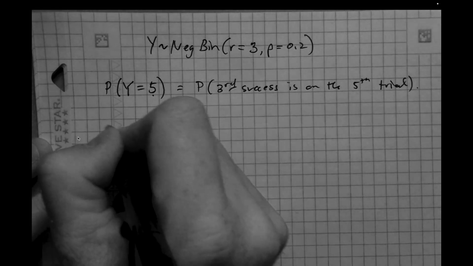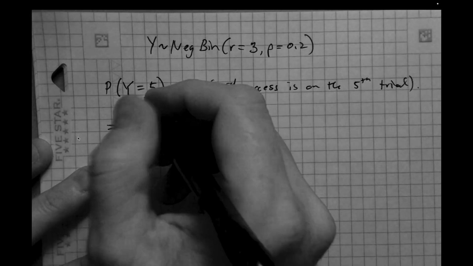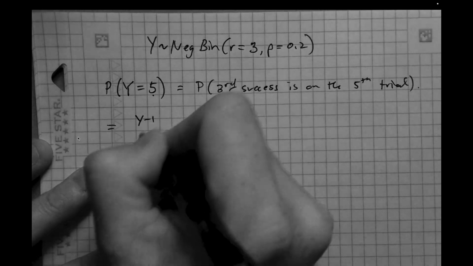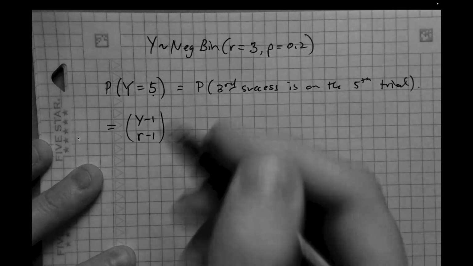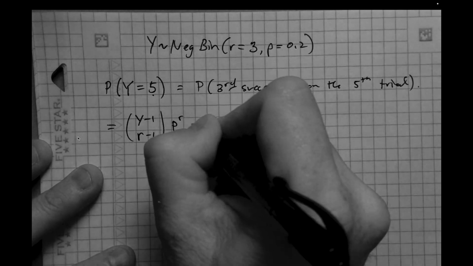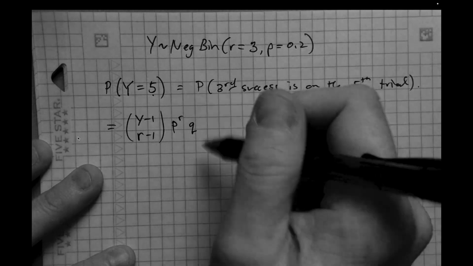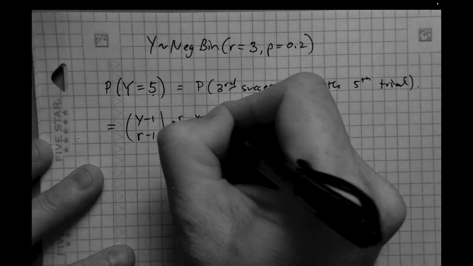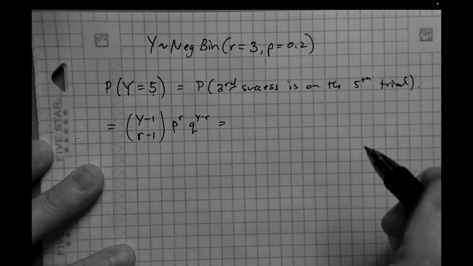And so we know the probability distribution. It's (y minus 1) choose (r minus 1), and then p to the r power times the failure probability q to the y minus r power. So we can plug all these values in here.